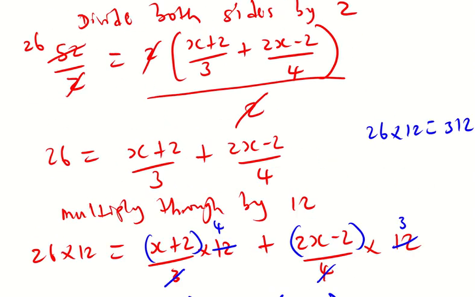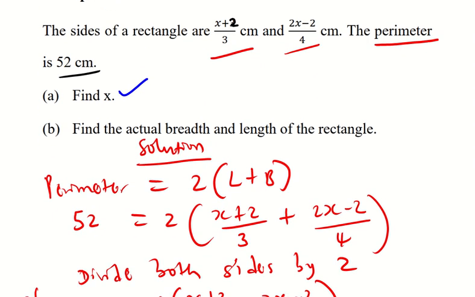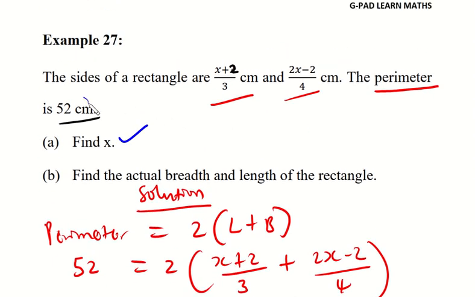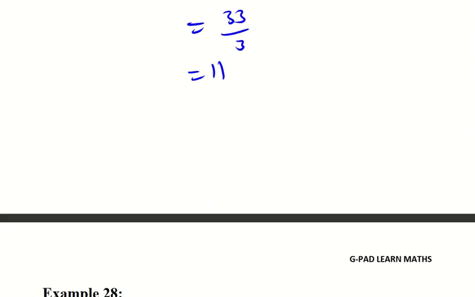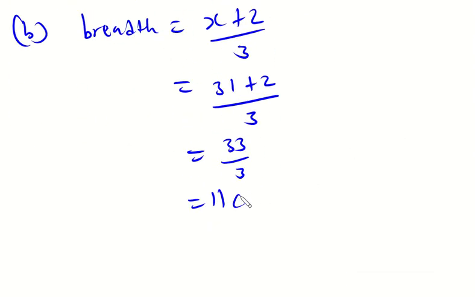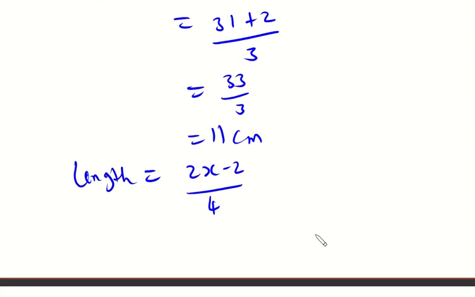Let me check, what's the unit? Is it centimeter? Yes, so your unit must be in centimeter. Now let's find the length. The length is the next one: (2x minus 2) over 4. What's x?